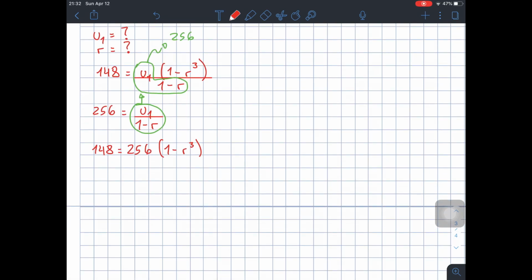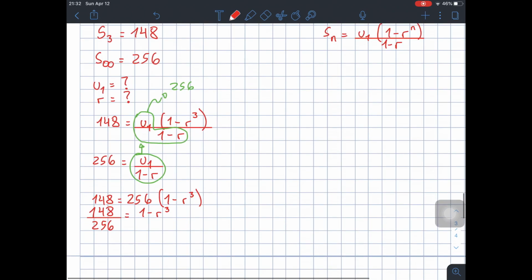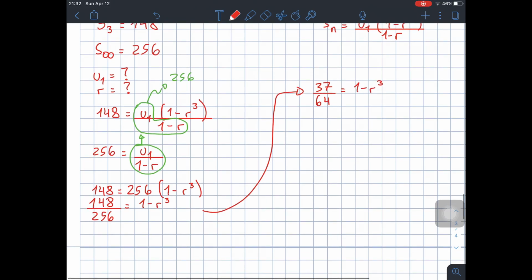So we're going to start by dividing 148 divided by 256. This is equal to 1 minus r cubed. If you do this in your calculator, 148 divided by 256 gives us 37 over 64. This equals 1 minus r cubed. So then we could take the r to the other side.